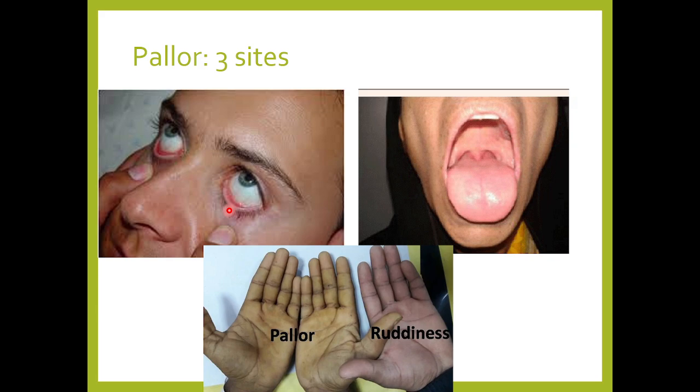And if the examiner asks you to examine for pallor, the pallor should be examined in three sites: the conjunctiva, the buccal membranes, and the palm of the hand. By comparison, you compare your hand with the patient's palm, okay? And after these three sites, you say whether the patient is pale or not, okay?